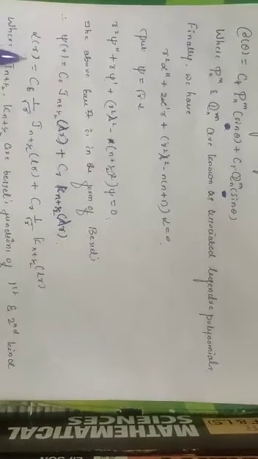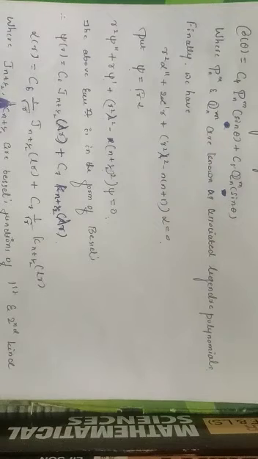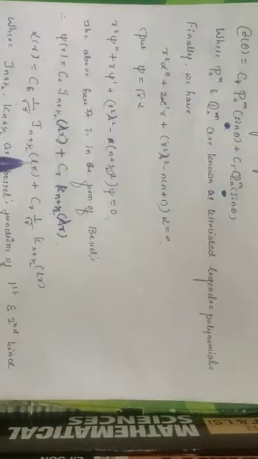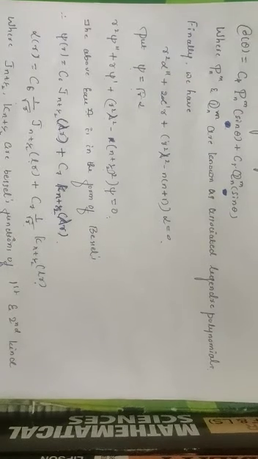Then alpha of r becomes, the solution is c6 into 1 over square root of r Jn plus 1 by 2 into l into r plus c7 into 1 over square root of r into Kn plus 1 by 2 into l into r. Where Jn plus 1 by 2 and Kn plus 1 by 2 are Bessel's functions of first and second kind.